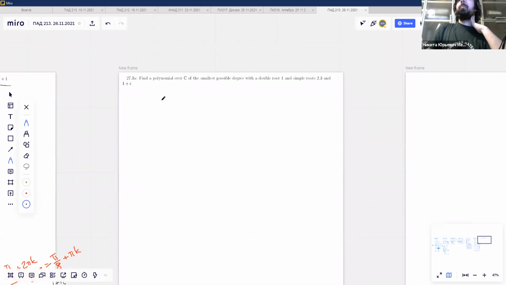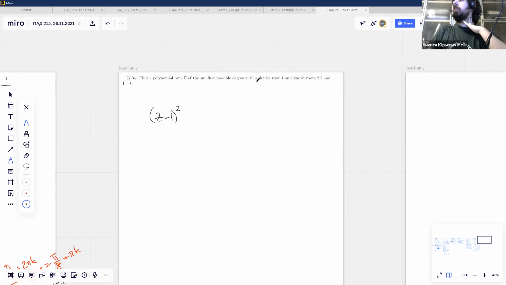This problem asks to find a polynomial, as simple as possible, such that it has a double root 1, and simple roots 2, 3, and 1 plus i. Simple root means not a multiple root, a root of power 1. If such a polynomial exists, it should be divisible by (z minus 1) squared.